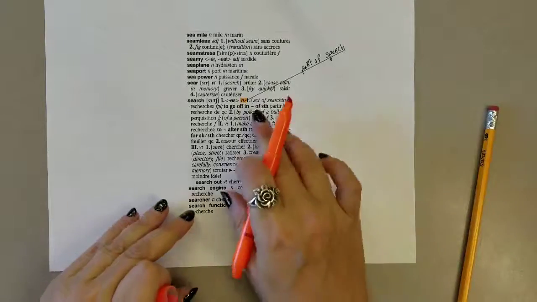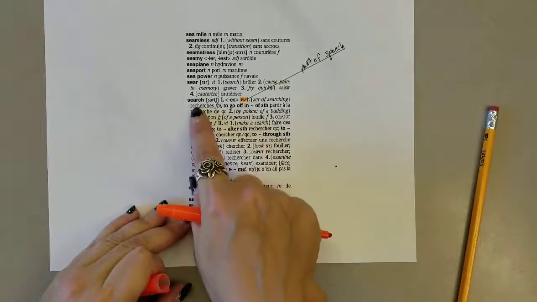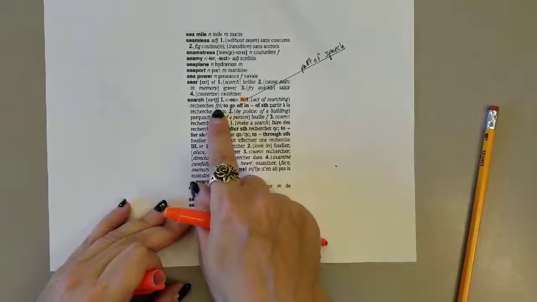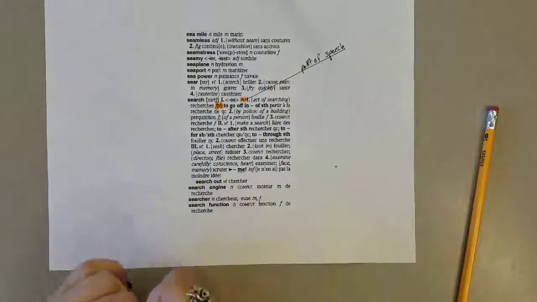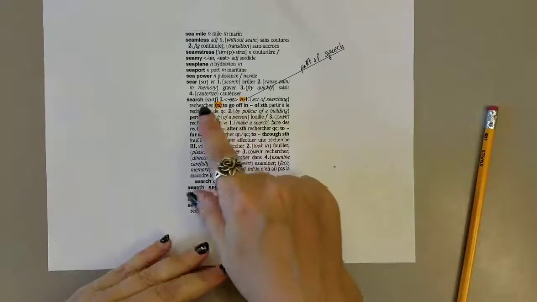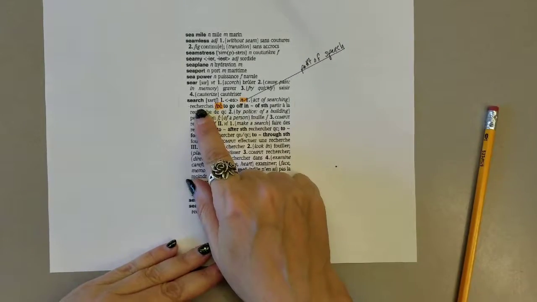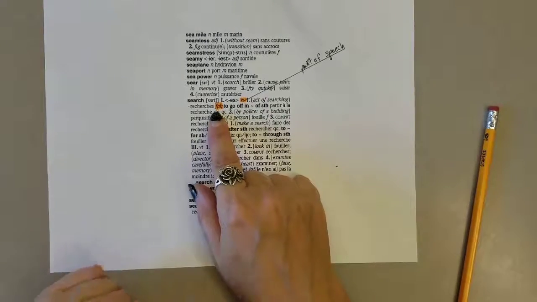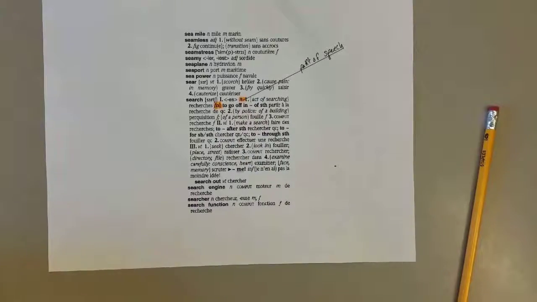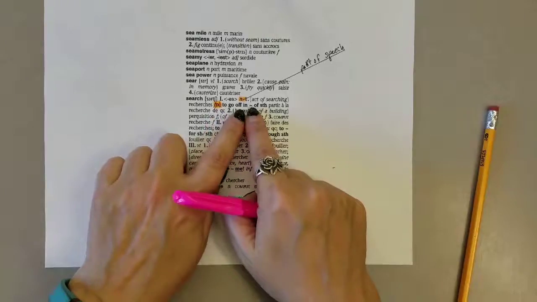Okay, and then if I look, then I have active searching, recherche, and then I have FPL. And FPL, as you know from French, means feminine plural. That means that this noun, recherche, is a feminine plural noun. Okay? Now the next thing I want to call out for you is this next phrase.